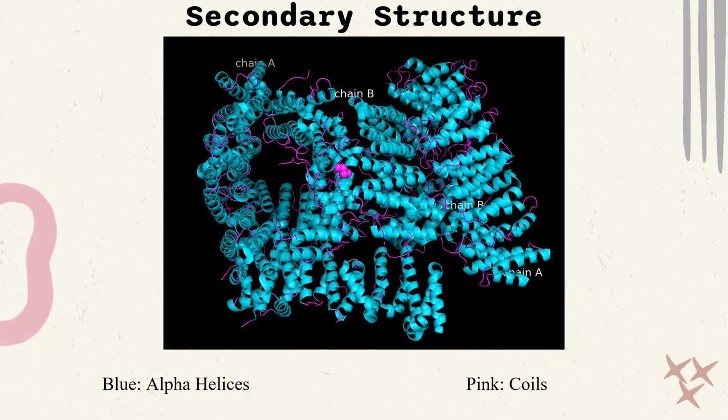Among the folding patterns, there are also sections that don't follow the typical structure or bonding patterns. These areas are called random coils, as seen here in the pink, and they appear at the ends of the protein chain and in loops between the more organized segments. Random coils can vary in length and typically range from 4 to 20 building blocks.